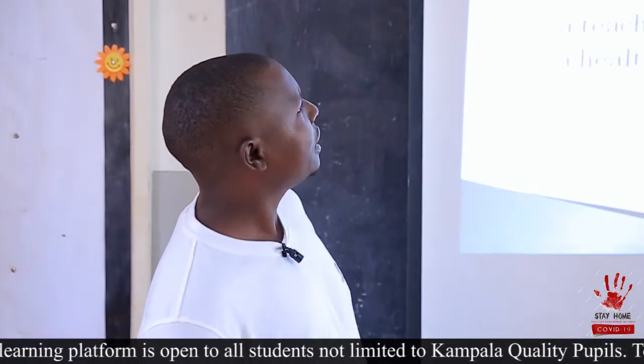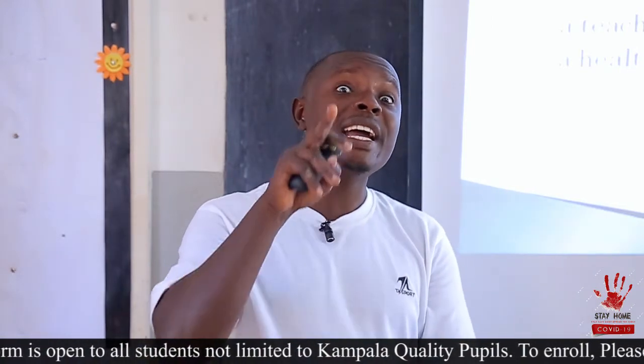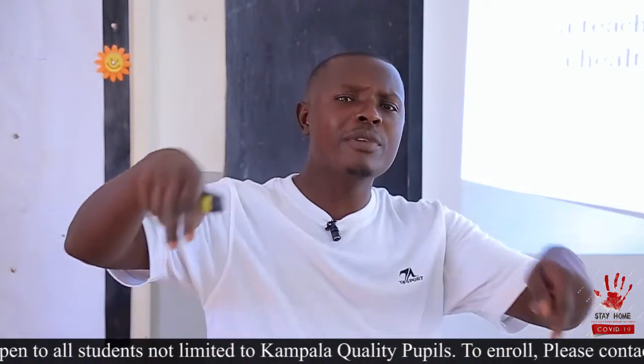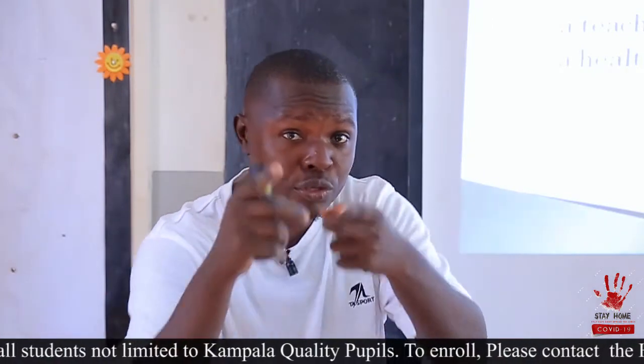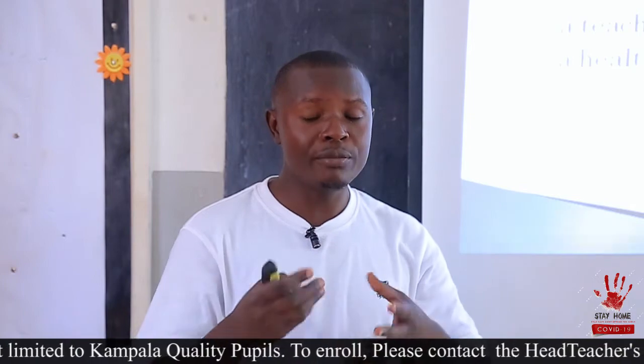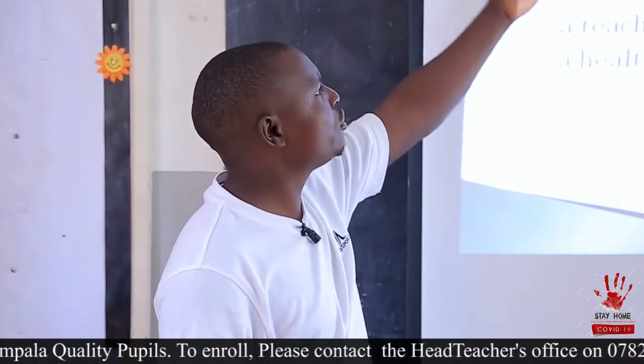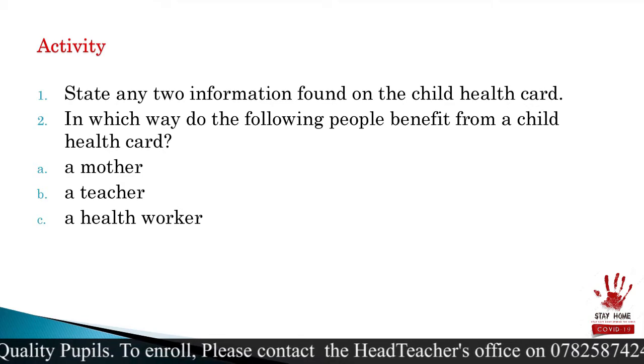Now, I always love my children, and I like you following what I'm doing. Let me see those who have been following my lesson, those who have been learning with me. You are going to answer just a few. State 2 pieces of information found on the child health card.